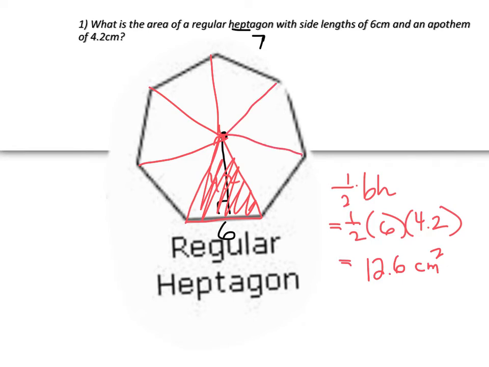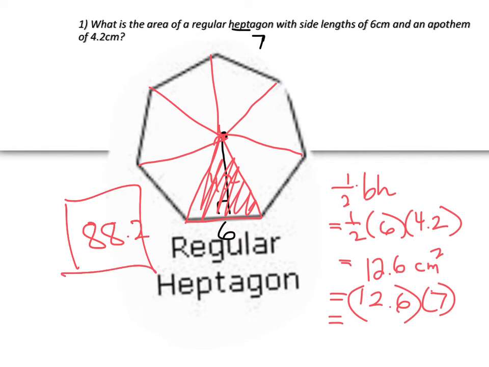So the full area of the regular heptagon would be multiplying by 7. So 12.6 multiplied by 7 is going to equal a complete area of 88.2 square centimeters.